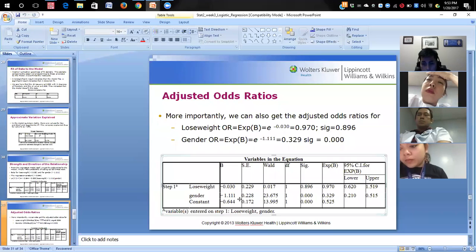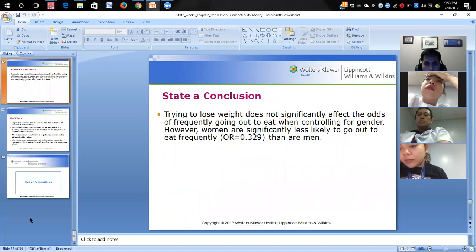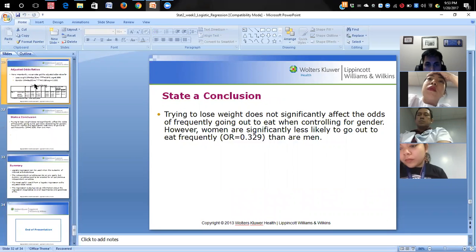And so in this study, our conclusion is that trying to lose weight does not significantly affect the odds of frequently going out to eat when controlling for gender.